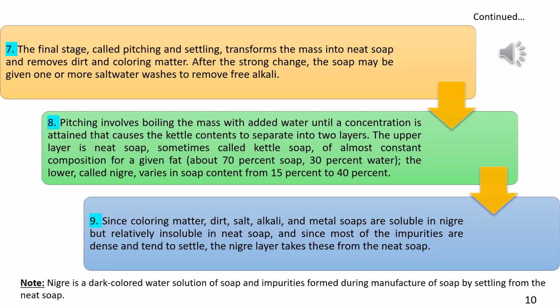Number 7. The final stage, called pitching and settling, transforms the mass into neat soap and removes dirt and coloring matter. After the strong change, the soap may be given one or more saltwater washes to remove free alkali. The final stage is called pitching or settling. In this stage, we settle our material and our mass is transformed into neat soap, which is free from dirt and coloring matter.